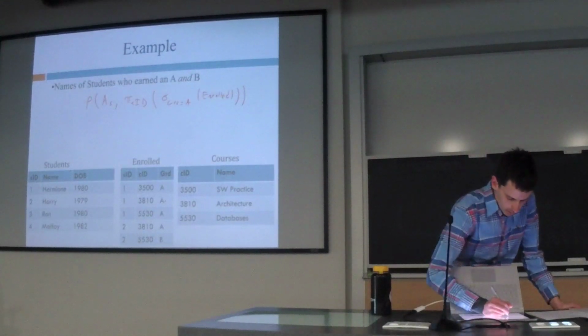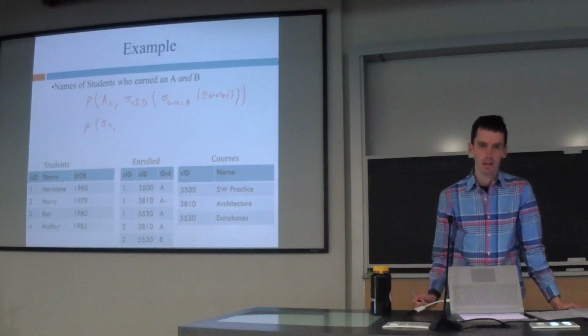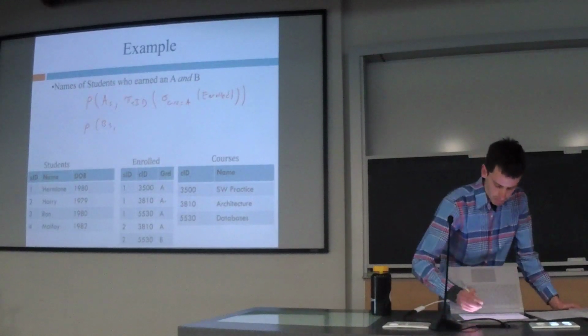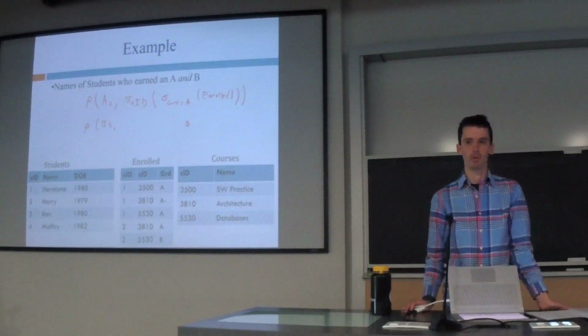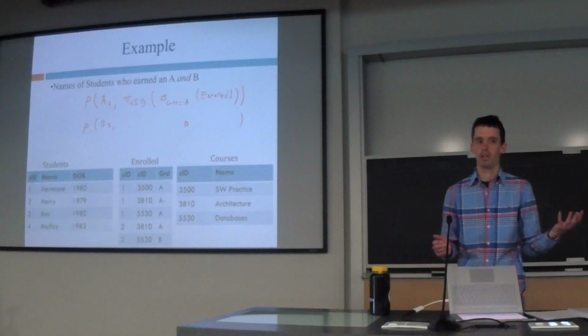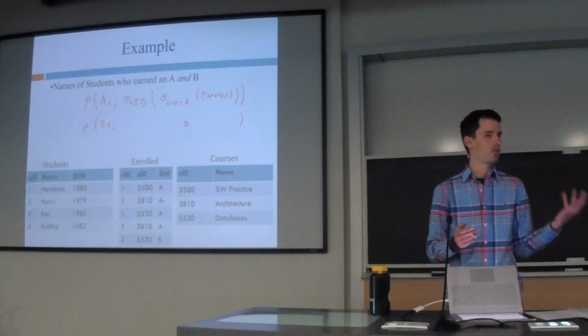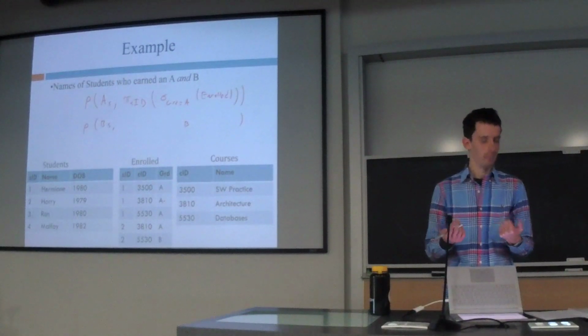Similarly, I will make another one called B's. And it's all the same except this condition is grade equals B. So I now have a relation called A's, SIDs of anyone who's earned an A, a relation called B's, SIDs of anyone who's earned a B.